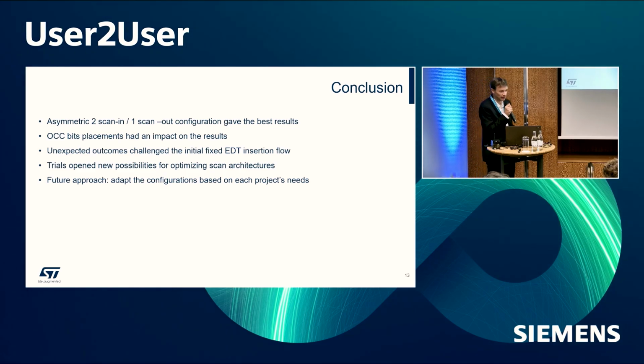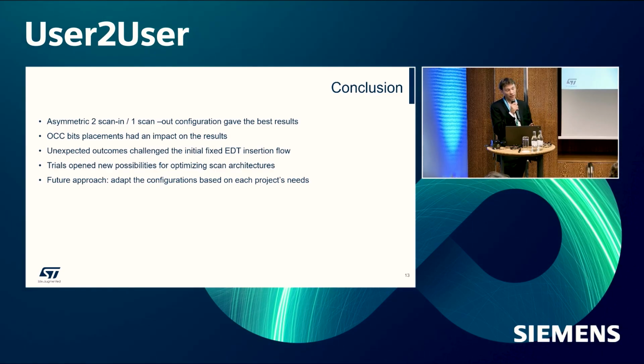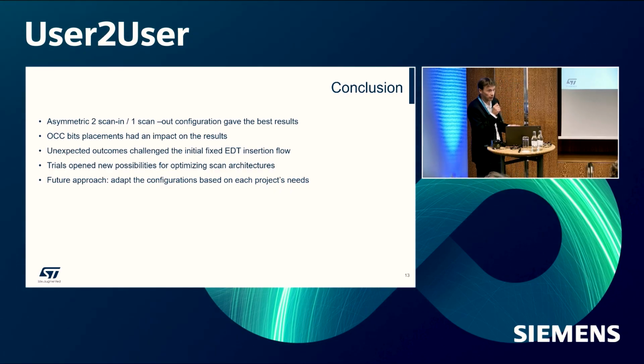So basically, the takeaway is that for this example design on which they've done all these investigations, definitely the 2 channel in to 1 channel out configuration gave the best results. The OCC bits placement had a really big impact on the results they could get. They were quite surprised by those results, thinking that they had an optimal flow.